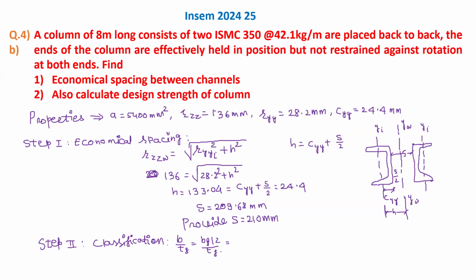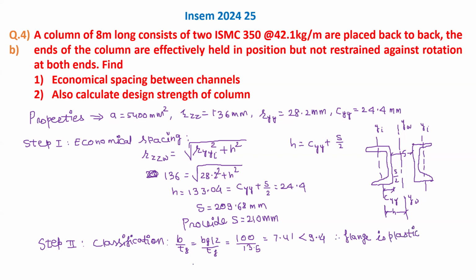We have BF 100 upon 13.5, which is equal to 7.41, less than 9.4. Therefore, flange is plastic.